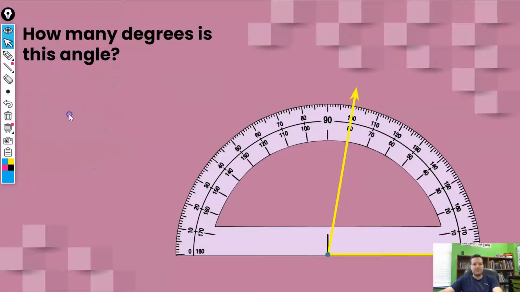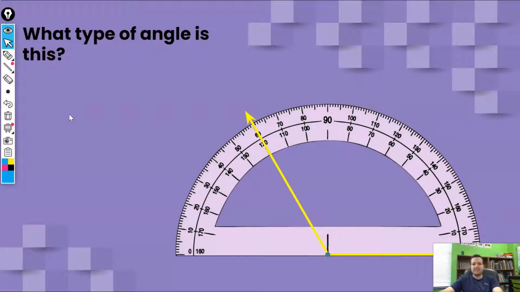All right, next question. What type of angle is this? Hopefully you said obtuse, right? It is larger than 90 degrees. Here's the 90 degree mark of my squiggly 90 degree mark. You can see that is way greater than a 90 degree or right angle.